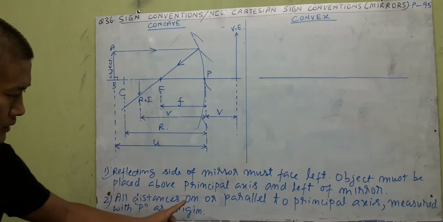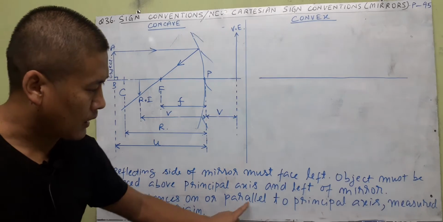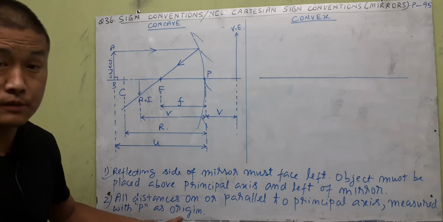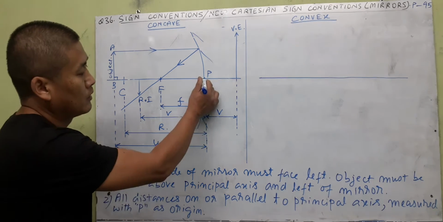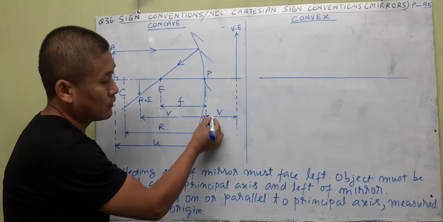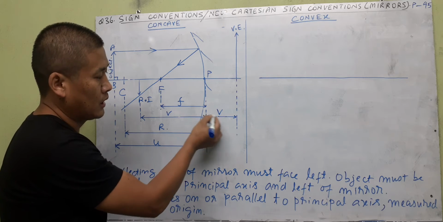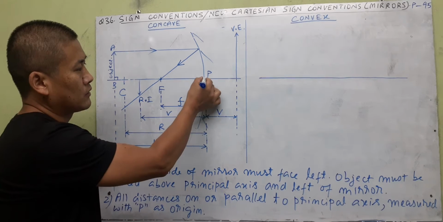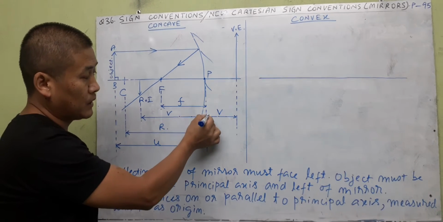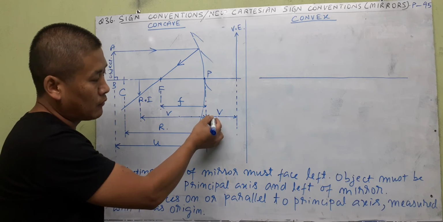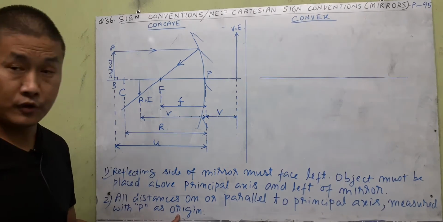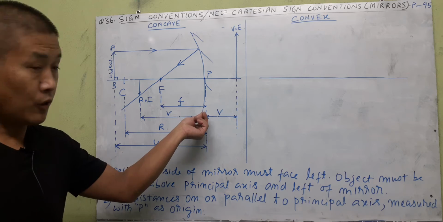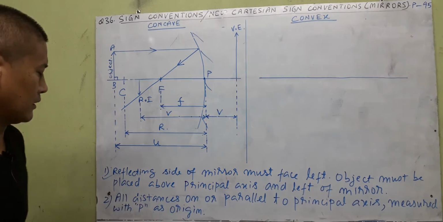So all distances on or parallel to the principal axis will always be measured with P as the origin, means starting point. P will be your origin, 0, then 1 centimeter, 2 centimeter, like that we will measure. So 0 should always be on P when you measure with your scale. That's the meaning of origin: the starting point 0 should be from the pole. That's the second sign convention.